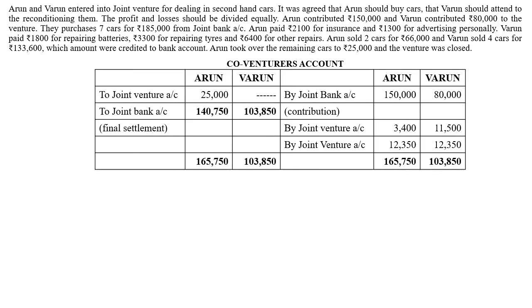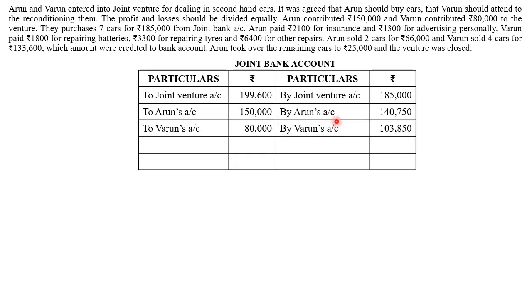Okay, next. Here it is to joint bank, means this is by Arun, by Varun. You write this figure. By Arun's account 1,40,750, by Varun's account 1,03,850. So that is done. So we have recorded everything.